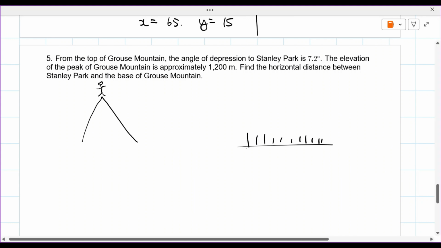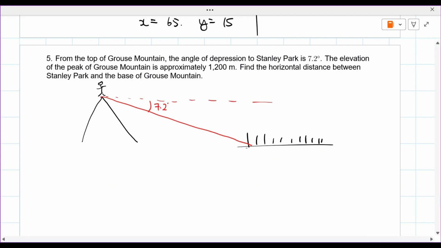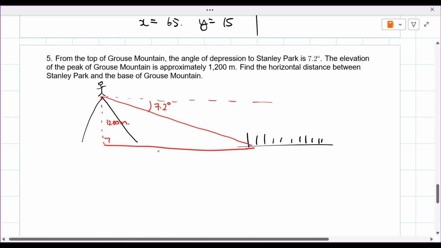Let's say that's a park, and then the angle of depression is going to be 7.2 degrees. And then we know that the elevation of the mountain is 1,200 meters, and I want to find the horizontal distance between the base and the Stanley Park.